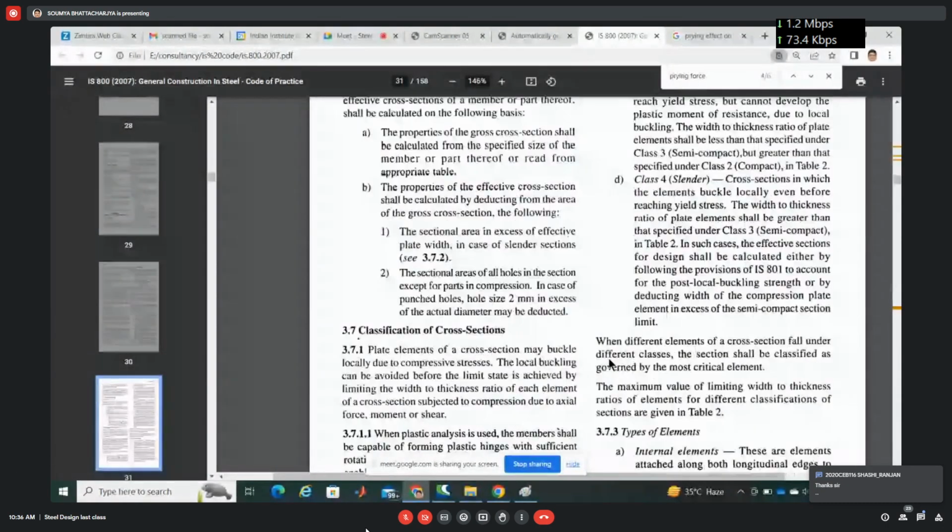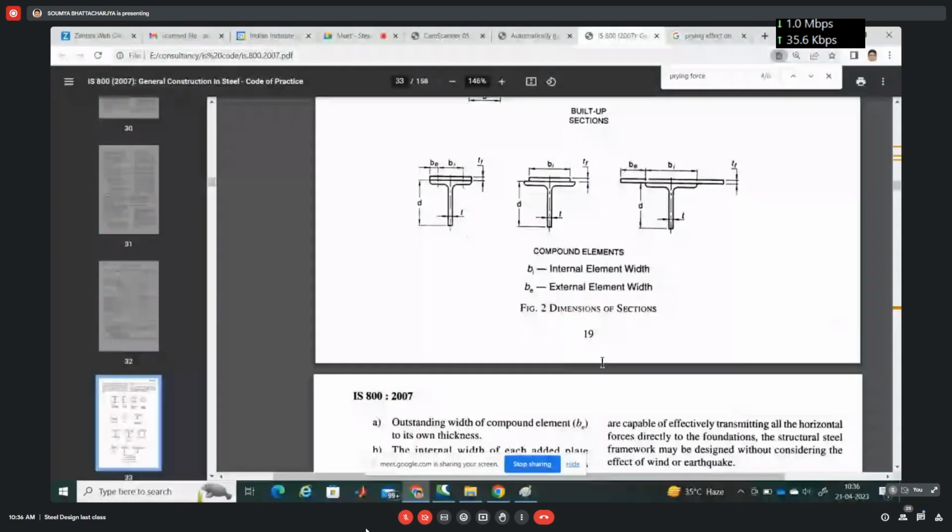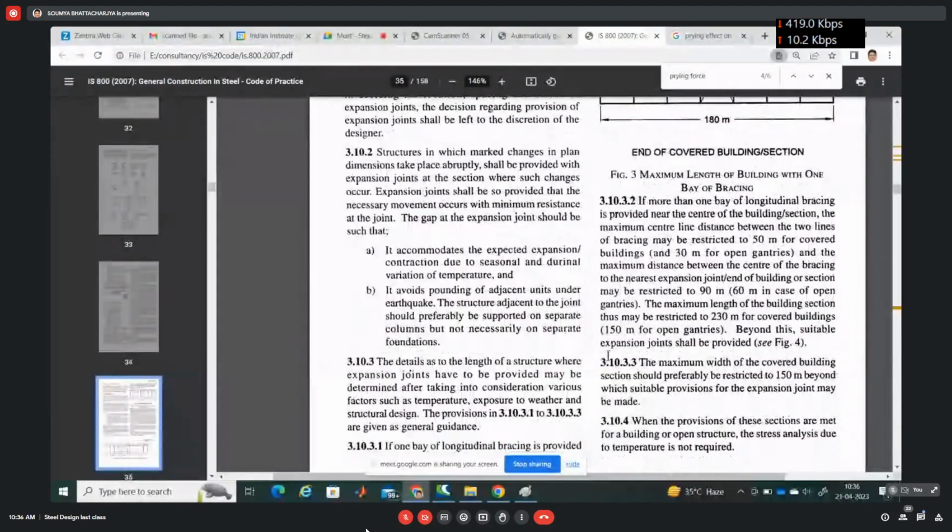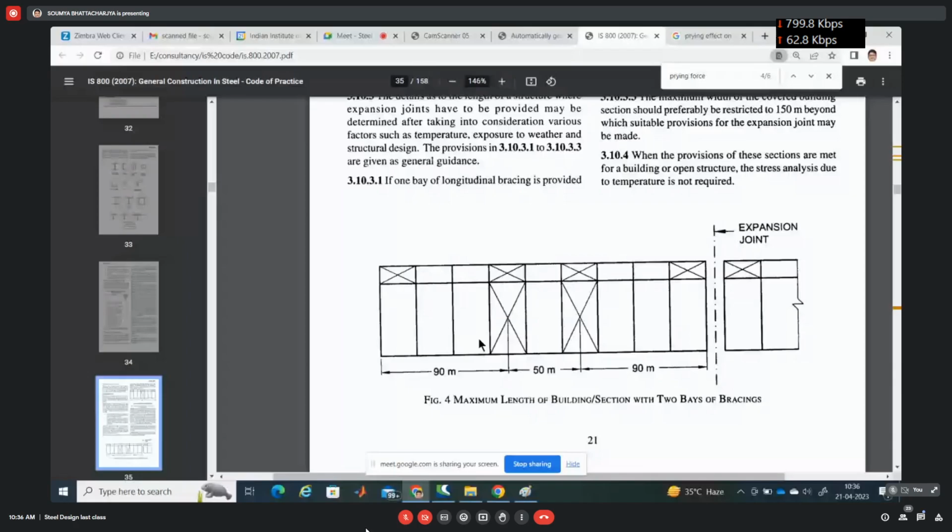There is some figure here. What we do? We fix the maximum length for thermal expansion. Like in concrete structure, if the length of the building exceeds 45 meter, we provide one expansion joint.